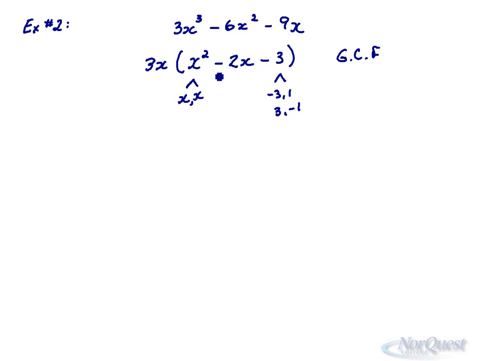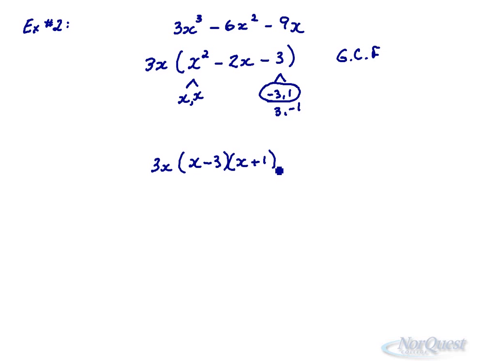I need the two factors that add to negative 2. That's going to be the first group. So then I can write this as 3x, and then write your factors: x minus 3, x plus 1. Done.